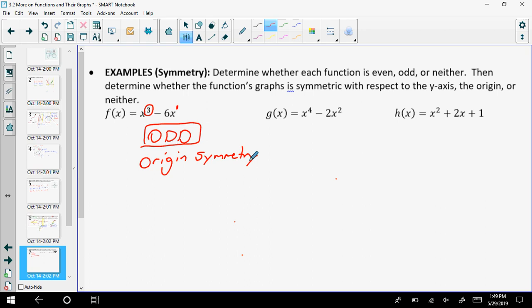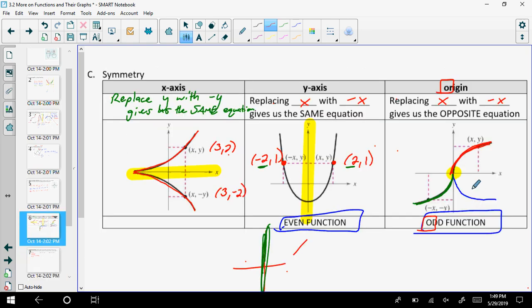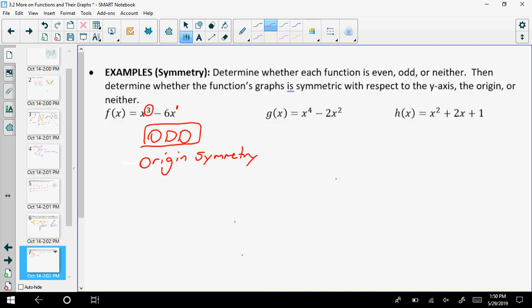Now, if you wanted to check this algebraically, according to odd functions, if I replace x with negative x, I should get the opposite equation. Here's what I mean by that. So I'm going to take my function, and I'm going to replace all the x's with a negative x. And I'm going to simplify. So this first guy, negative x cubed, that means negative x times negative x times negative x.